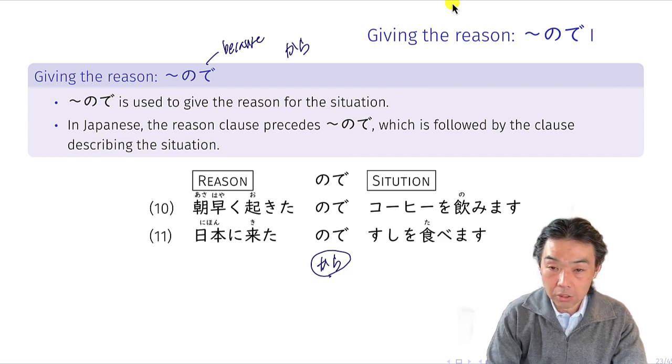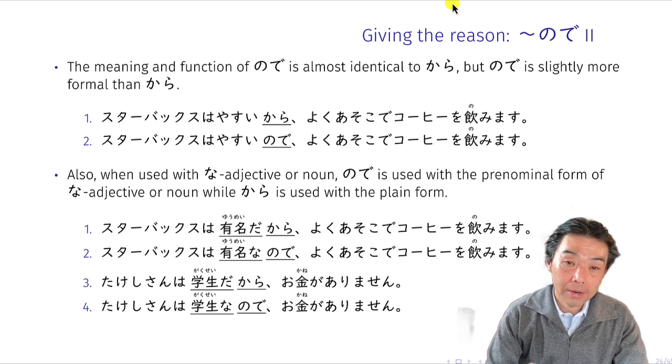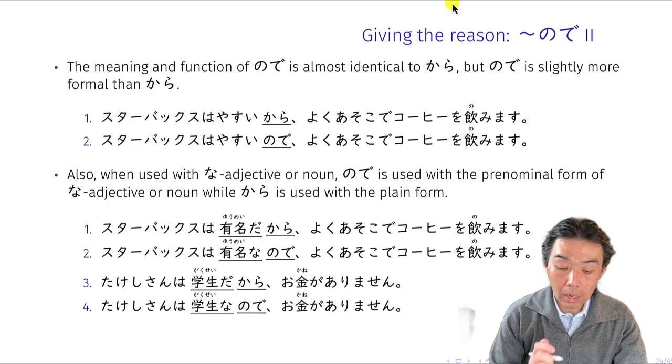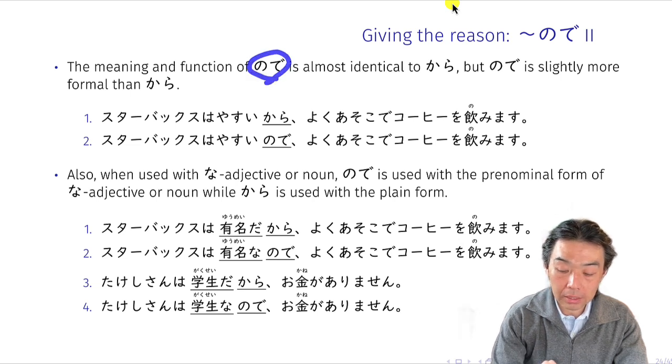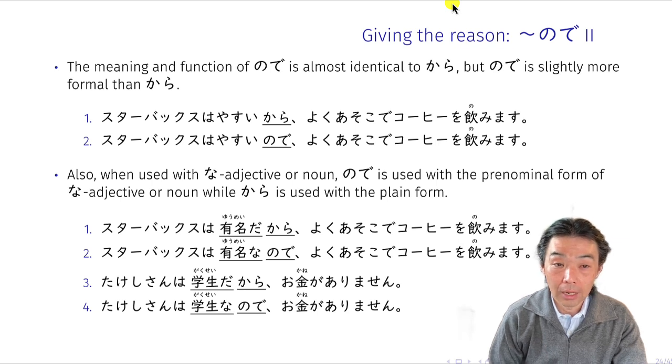concerned. So what are the differences? One, there is a very subtle difference in terms of meaning. Node is slightly more literary, so it's used often in the written language. Very few people use it in the oral language unless you're making a public formal speech. Usually in the oral language, kara is used.